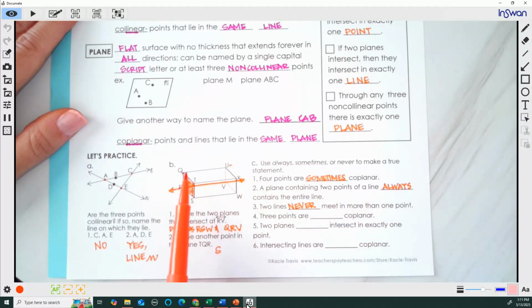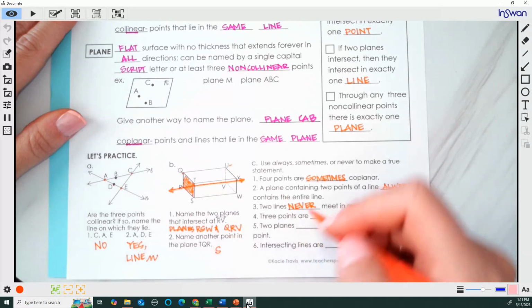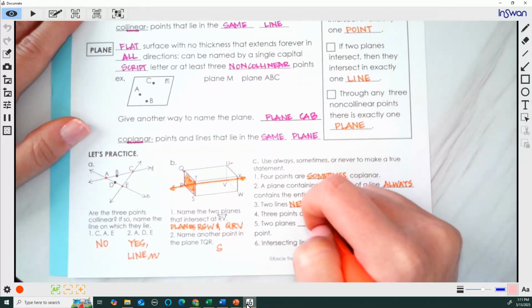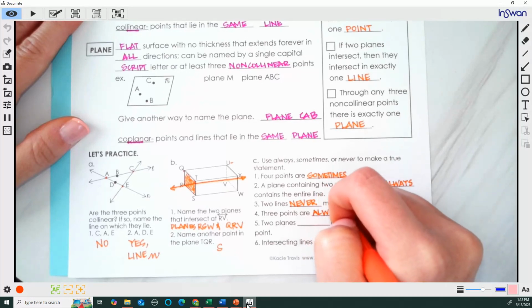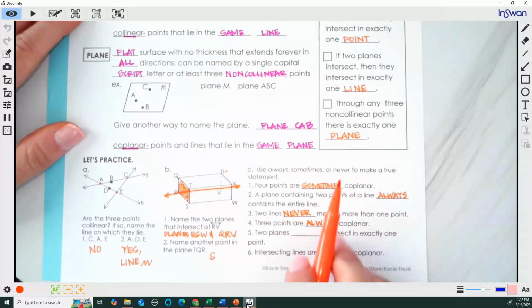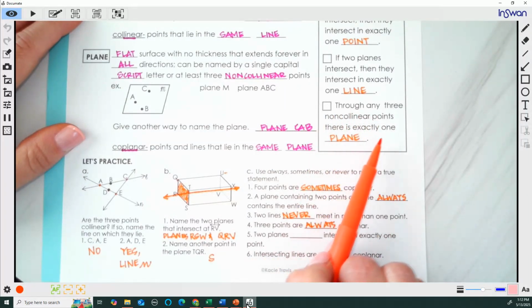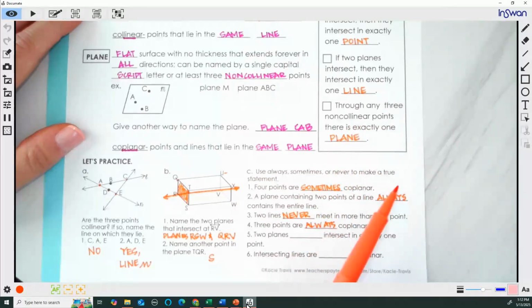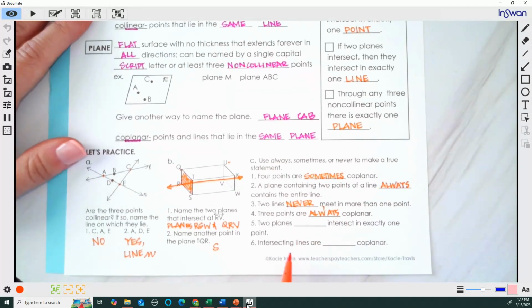This plane is not drawn, but if you imagine a diagonal plane that goes through Q, U, and W, there is a plane there. So 3 points are always coplanar. And we can actually look back up at this postulate and see that we always have exactly one plane through any 3 non-collinear points. So this makes that always true.